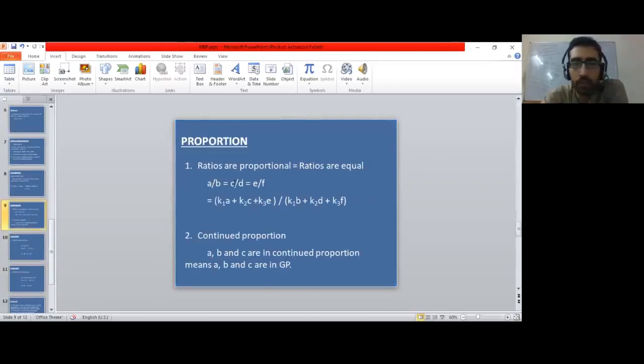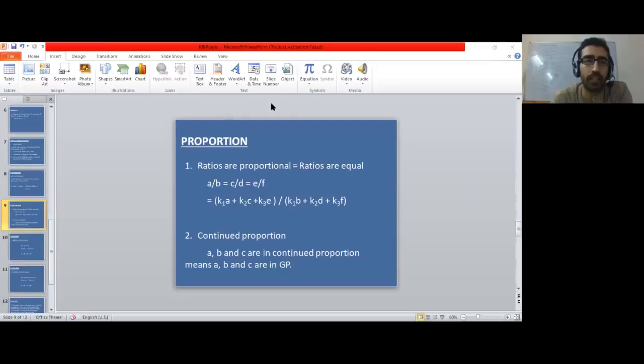So if A by B as a ratio is equal to C by D is equal to E by F, this also means (K1A plus K2C plus K3E) whole divided by (K1B plus K2D plus K3F) is also equal to the following ratio.